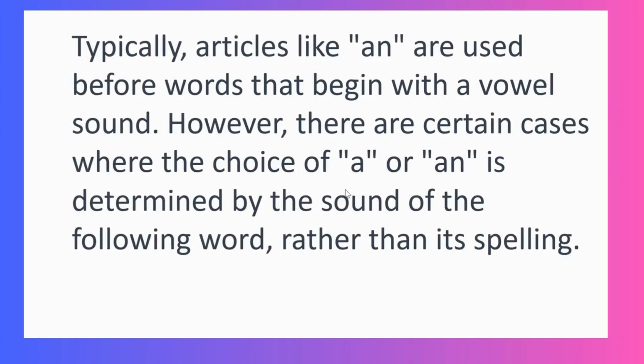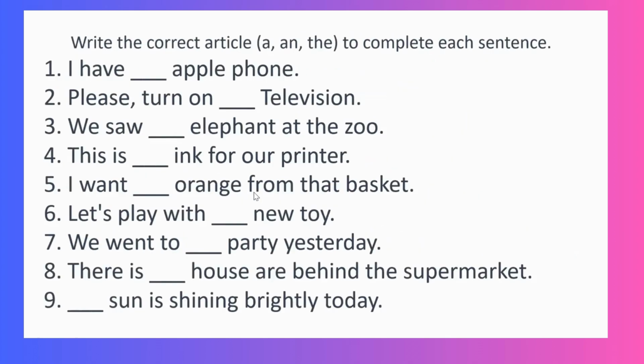Okay, so articles like an are used before words beginning with a vowel sound. However, there are certain cases where the choice of a or an is determined by the sound of the following word rather than its spelling. Okay, so we'll look at this more when we come to the second video.